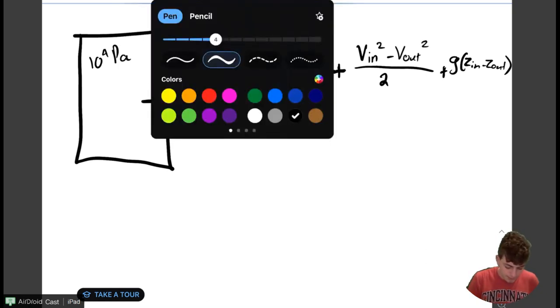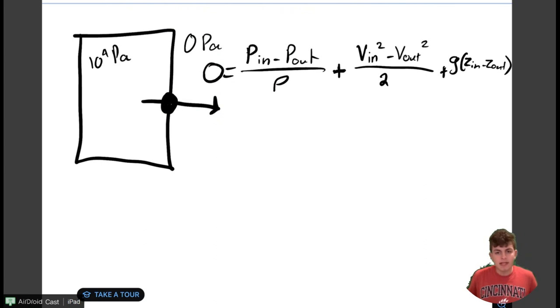So, we can say that the velocity inside the tank, or V in, is going to be 0 meters per second, because we can take that at any point within the tank. So I'll go ahead and take it at that point there. At that point, the air isn't particularly moving at a fast rate. So we can go ahead and cancel out V in. And because there is only one hole, we do not need to take into account the change in height, so we can cancel that out as well.